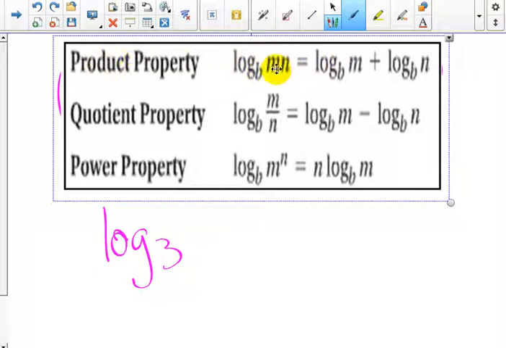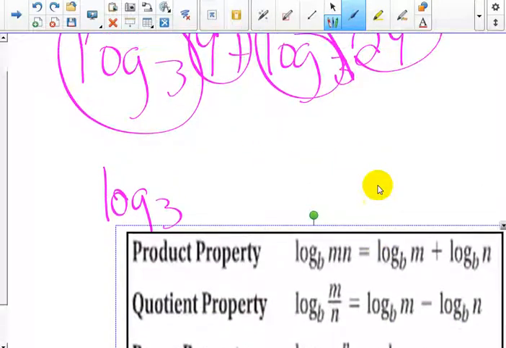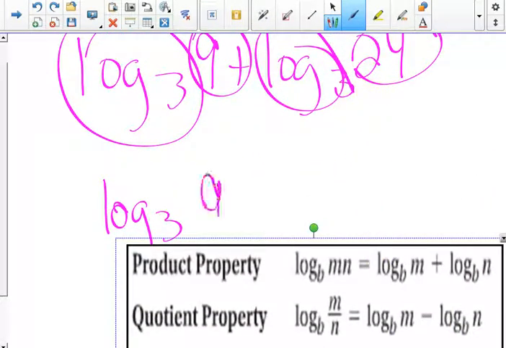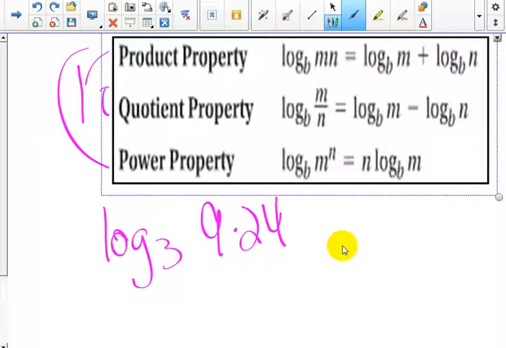The product property, so we're going to multiply them. So I've got log 3, and now I've got to do my 9 times 24. Okay. Now, 9 times 24 is 216. So it's going to be log 3 of 216.